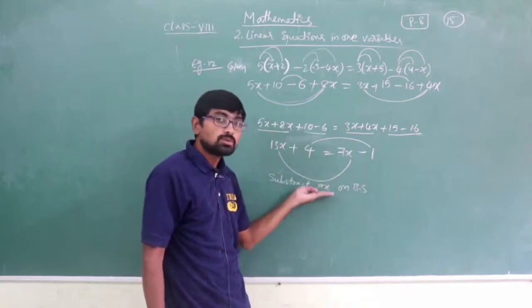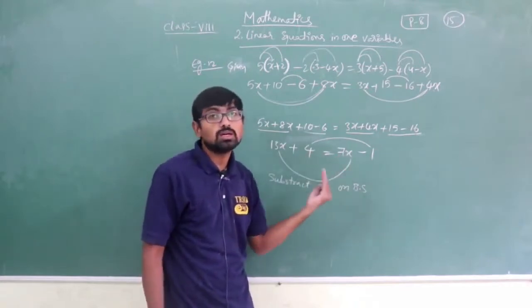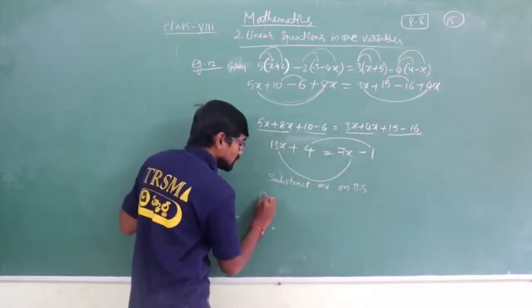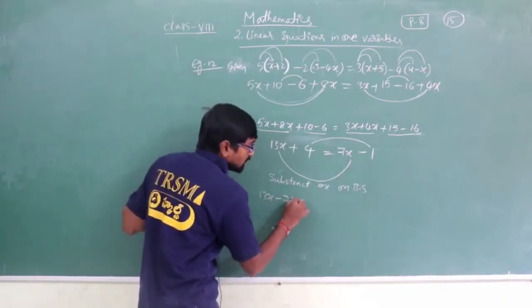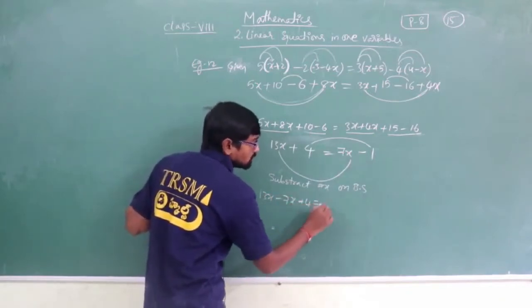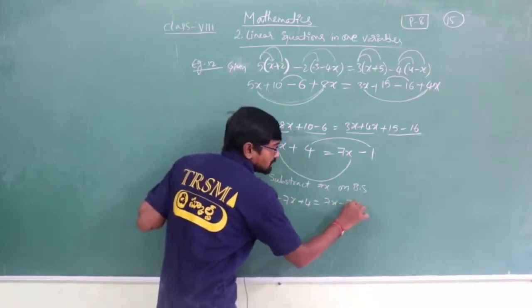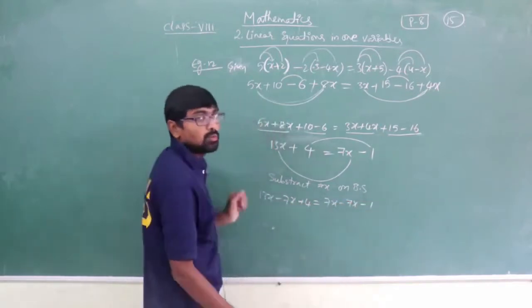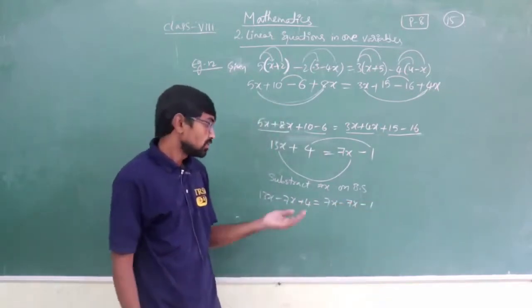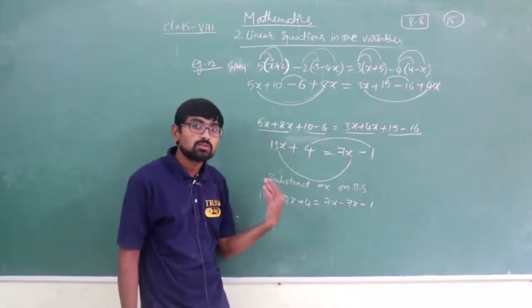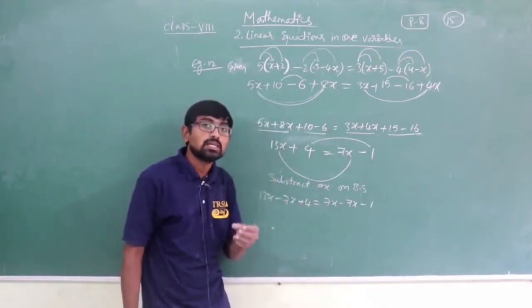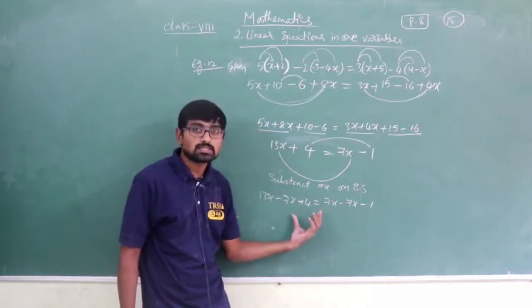The thing that I am doing, I need to do on both the sides. So 13x minus 7x plus 4 equals to 7x minus 7x minus 1. This is an elaborated form. To make you understand it, I have written an extra step here.